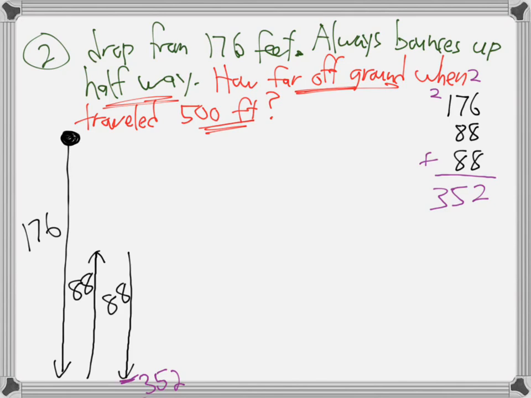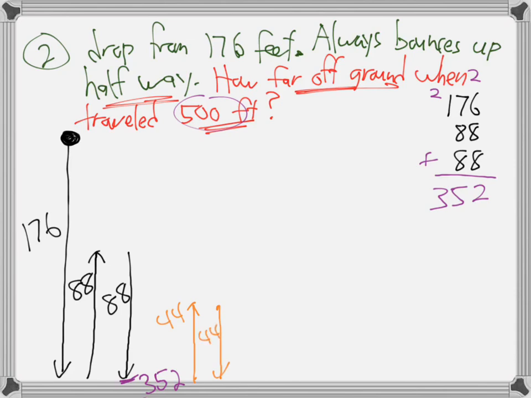We're looking to freeze frame when it hits 500 feet. So what are we going to do next? What's the ball do next? How far is it going to go up? 44. Yeah, half again. So half of 88. 44, and then down 44.